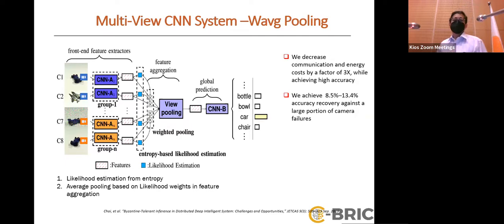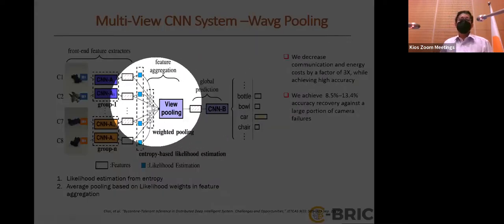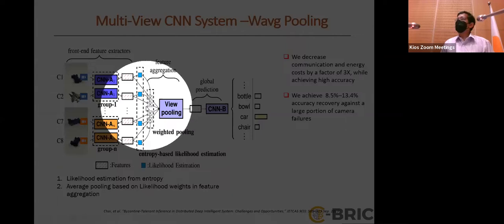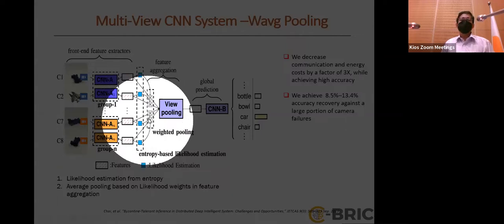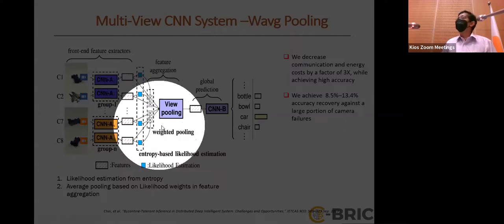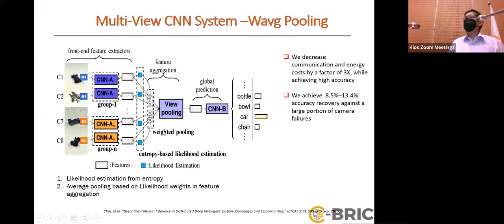Another thing happening in this task is that we also do weighted view pooling. What does weighted view pooling mean? Let's say I'm looking at one view which is looking at your frontal face, and another view which is looking at your side. Let's say I look at Chris right now, or maybe I look at myself. There is a mask, so I'm not really seeing as many features as I'd like to see.